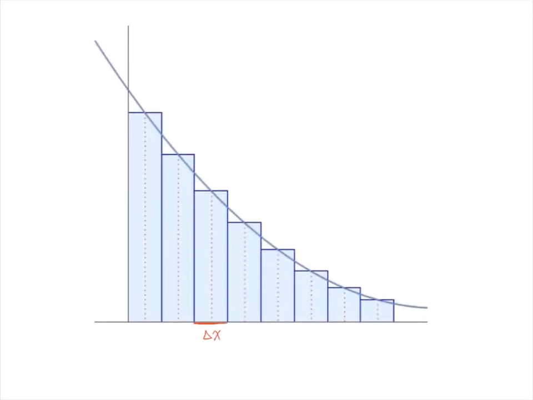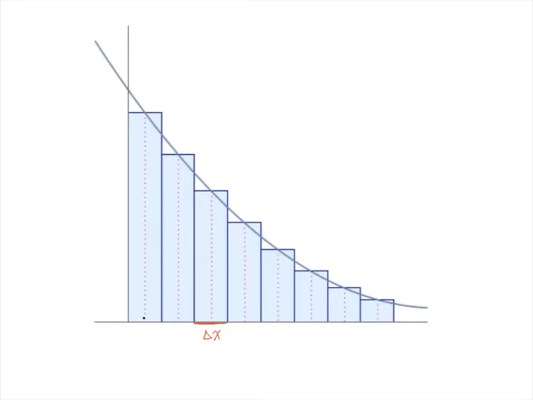So here's an example. All of these rectangles have a common width, which we call delta x, and this delta x can be very small. The way these particular rectangles are fit, to get the height we have to evaluate the function at the midpoint of each of these subintervals.